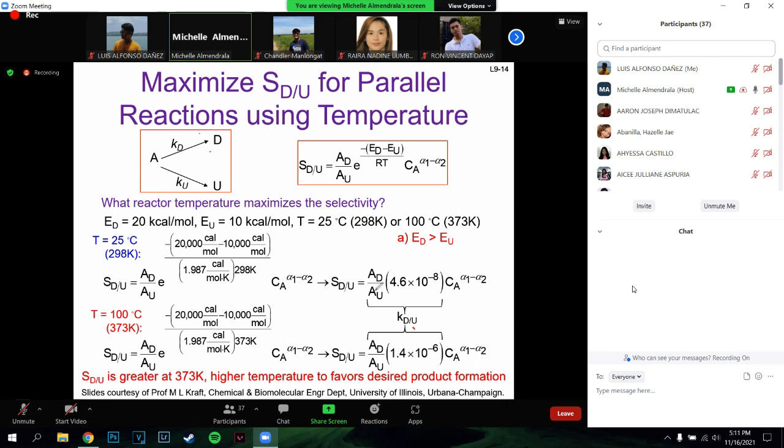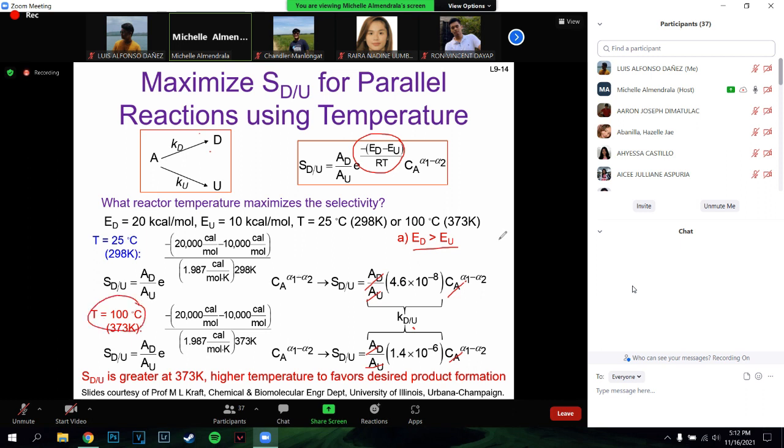So what's more important is this one, since you're talking of the same concentration for both reactions at 25 and 100, because you will just vary the temperature. And so that will be your answer. At 100, definitely.